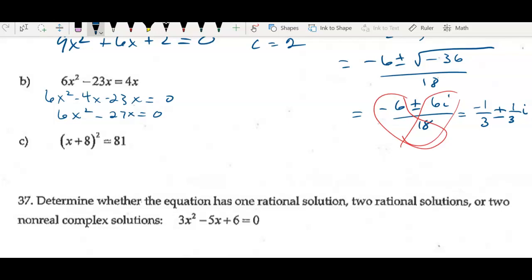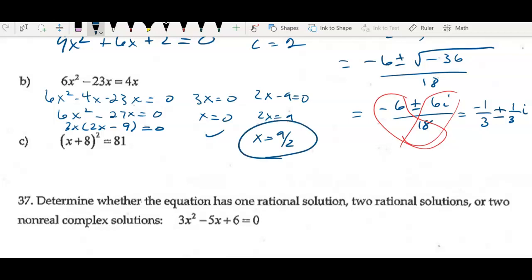You can just factor it using GCF. 3x times 2x minus 9, I believe. So you simply end up with 3x equaling 0, so x is 0 for that one. And for the other one, 2x minus 9, because remember you got to set each factor equal to 0. So you get 0 and 9/2 as your two answers. And that's it.